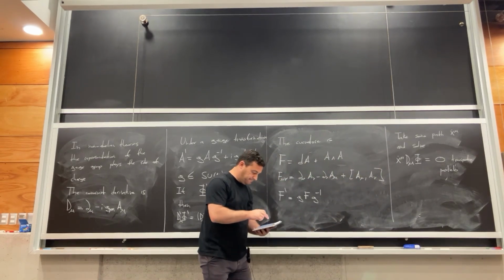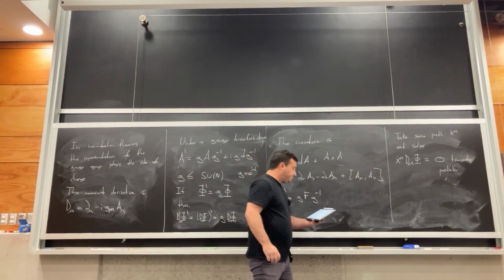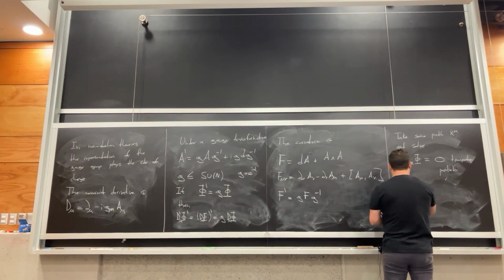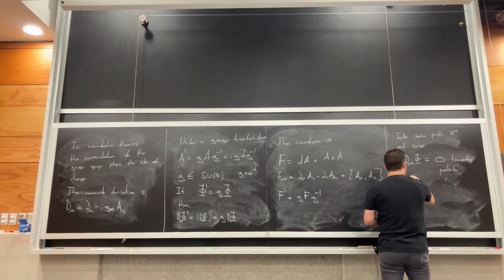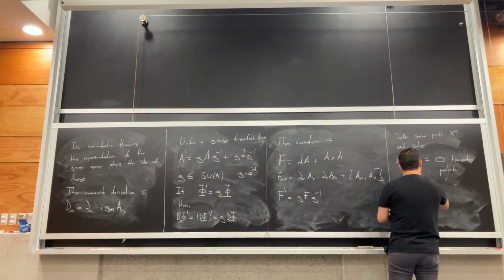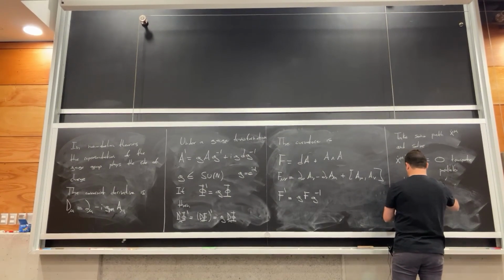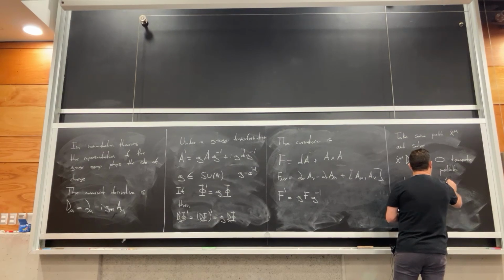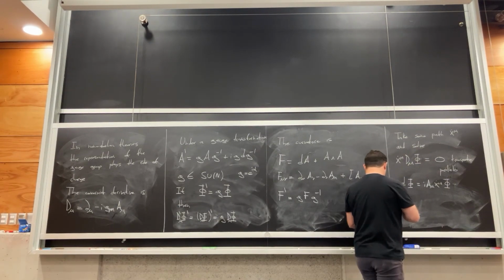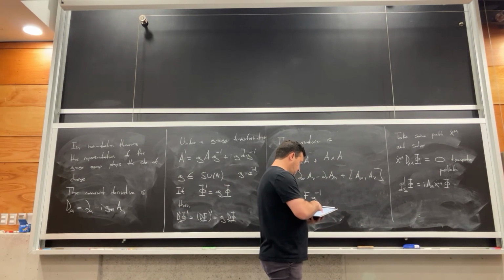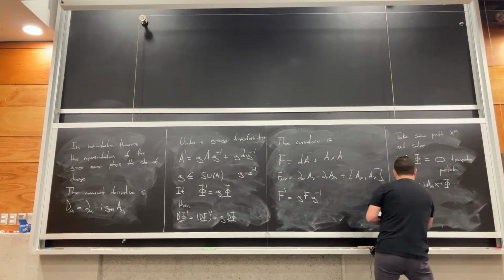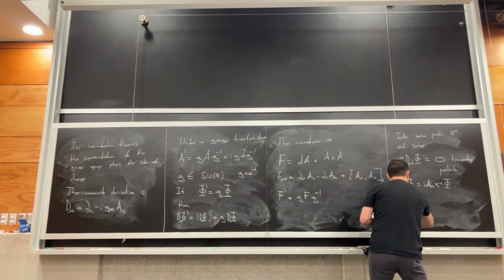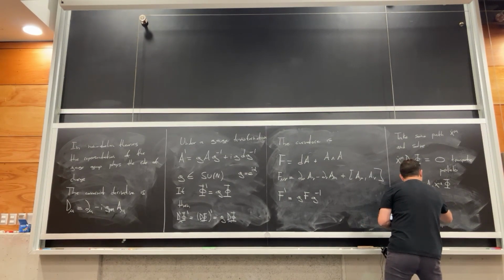So let's try to solve this. This is the same as d/ds of phi equals i A mu x dot mu times phi, where, of course, d/ds is x dot mu d mu.